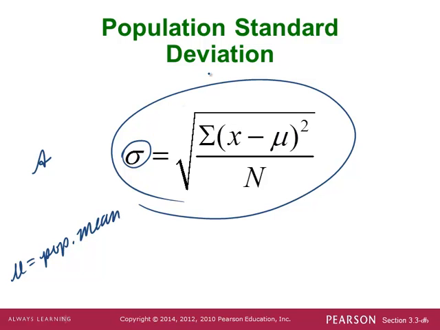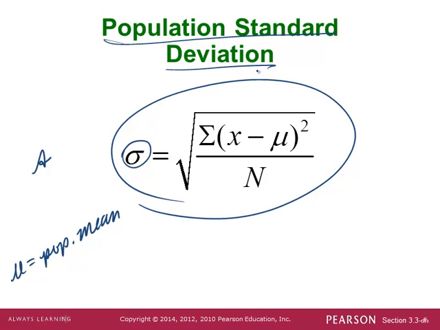We typically, in statistics, use Greek letters to represent the population parameter, and we typically use lowercase English letters to represent sample statistics, which are used to estimate the population parameters.